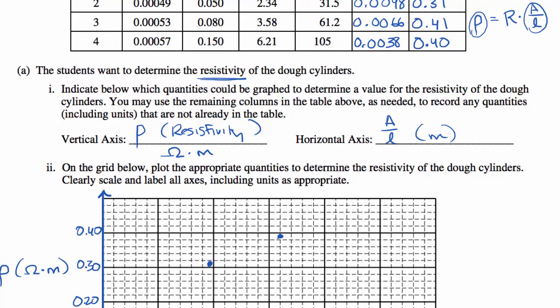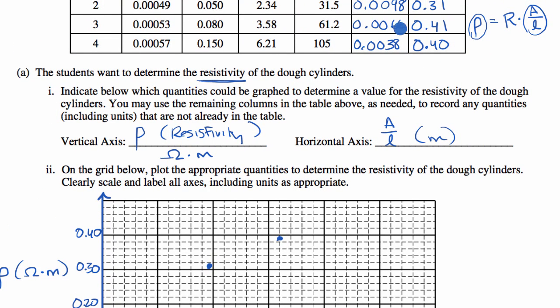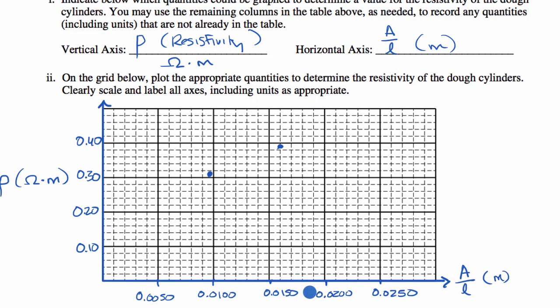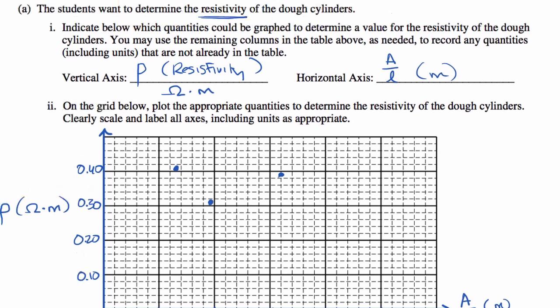And then I get to 66 10 thousandths and 0.41. So 66 10 thousandths would get us, let's see, this would be 66 10 thousandths. And then we have 0.41. So that puts us right over there, someplace like that.